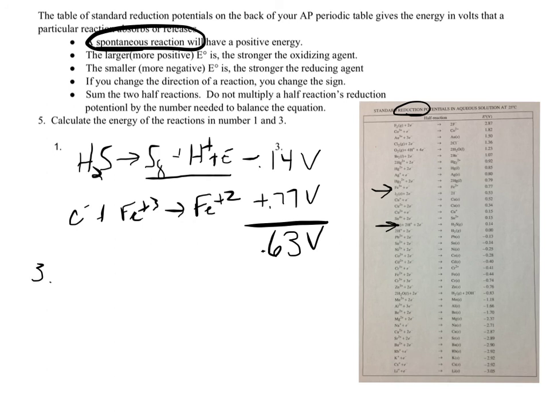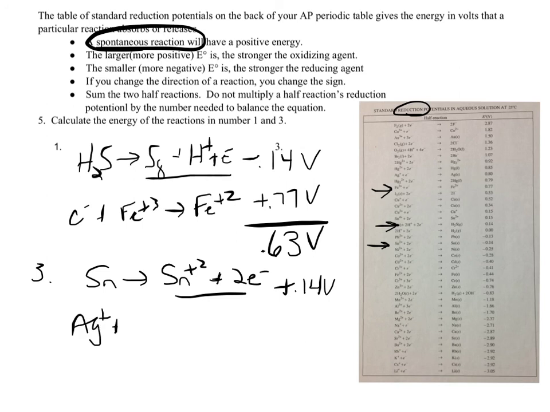So number 3, you're looking at the two half reactions, tin going to tin +2. That one's written as an oxidation, so you'll have to find this on the chart for reduction. Okay, and that one's right there. And again, we're reversing it, so this one's going to be positive 0.14 volts. And then you're going to do the same thing for your silver reaction, so silver plus e minus.